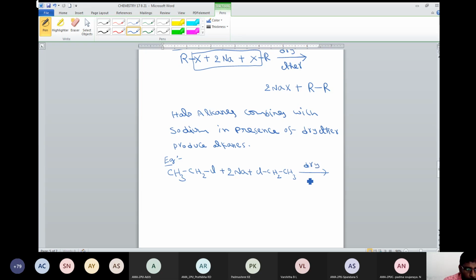Dry ether. So what will be removed? 2 NaCl will be removed.